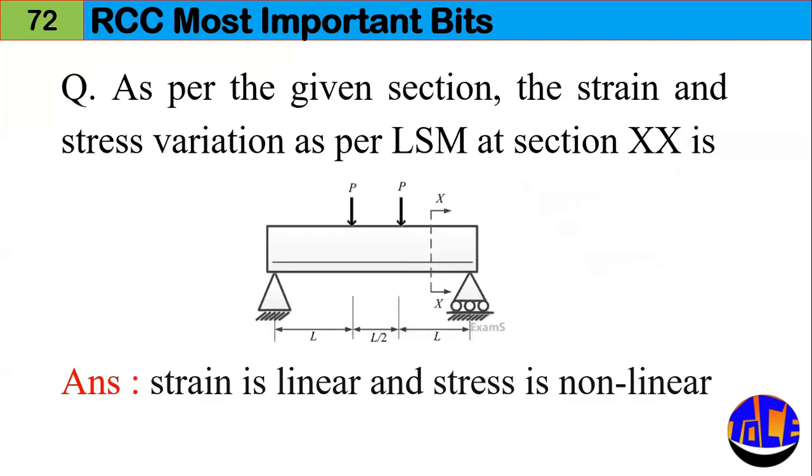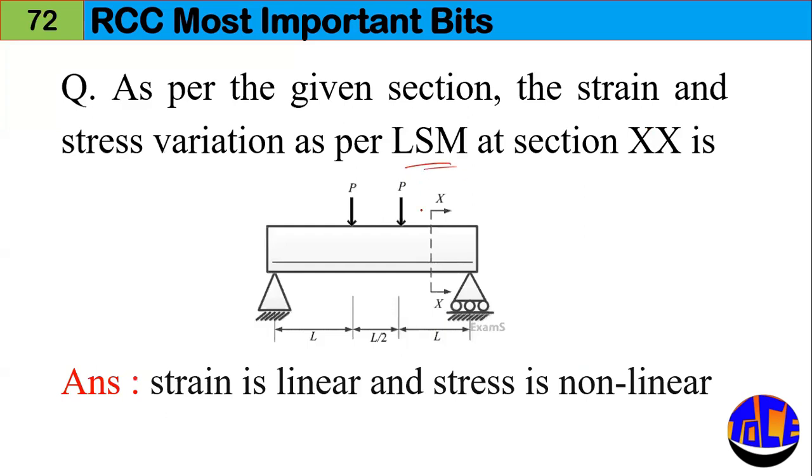Question number 72. As per the given section, what is the variation of strain and stress as per limit state method at section XX? Answer: strain is linear and stress is non-linear.